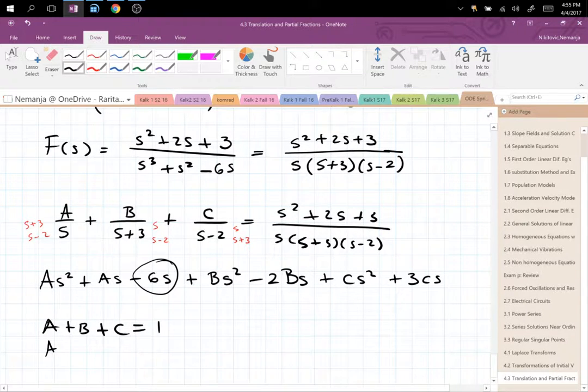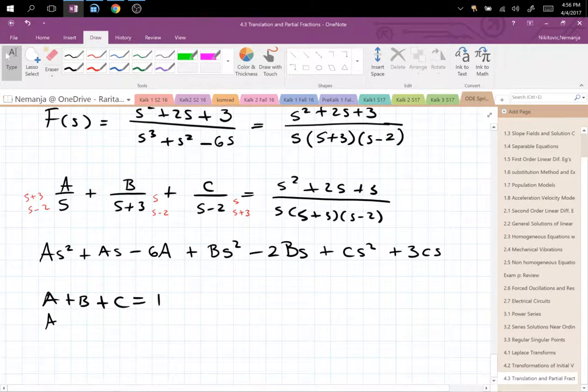Where is this term coming from? It's 6A, right? It's 6A.